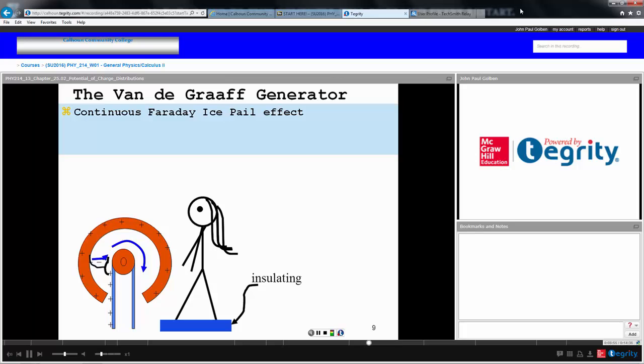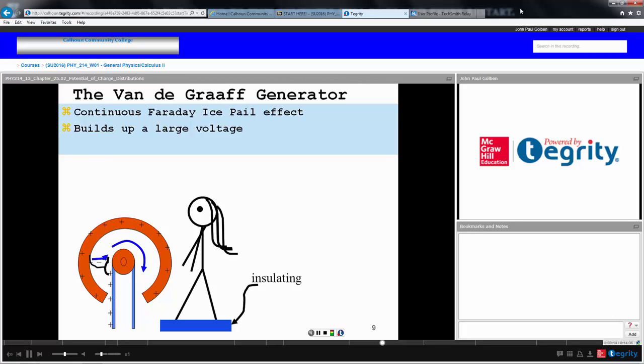So we could keep on bringing in charge and keep on adding that charge to the outer surface of this sphere, and hence the charge will build up as far as it can get away from the rest of the charge. It'll build up right on the surface of this sphere.